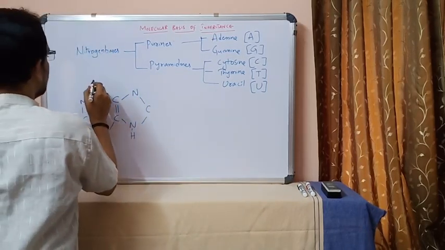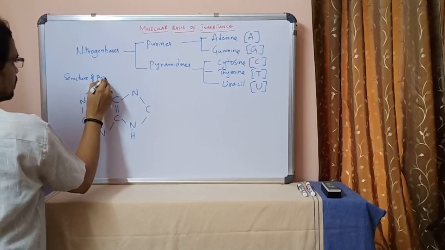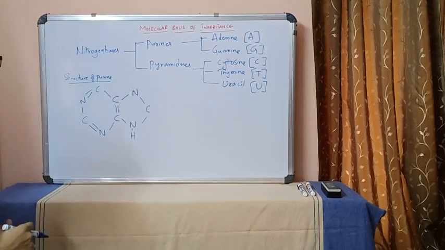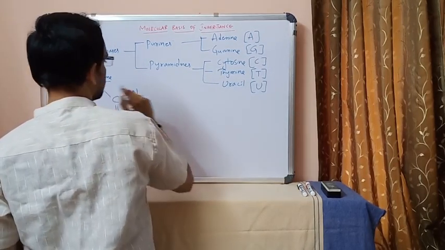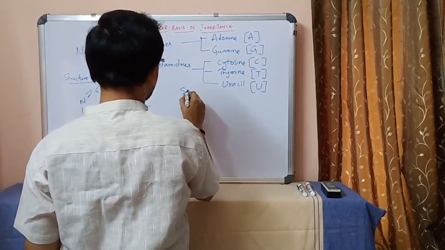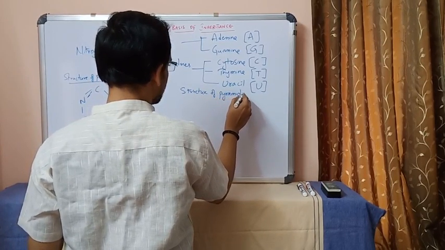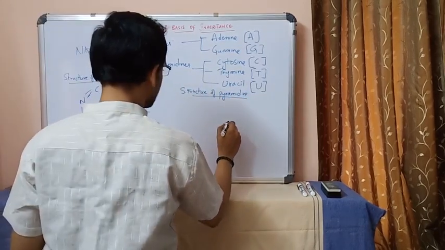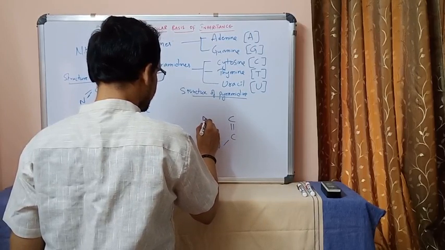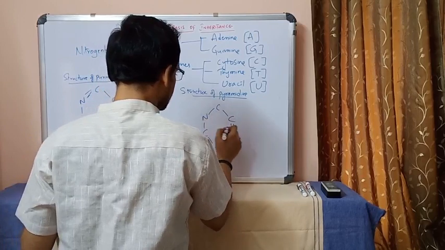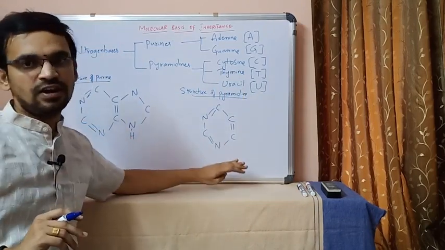Next, the structure of pyrimidine. This is the structure of purine, this is the structure of pyrimidine.